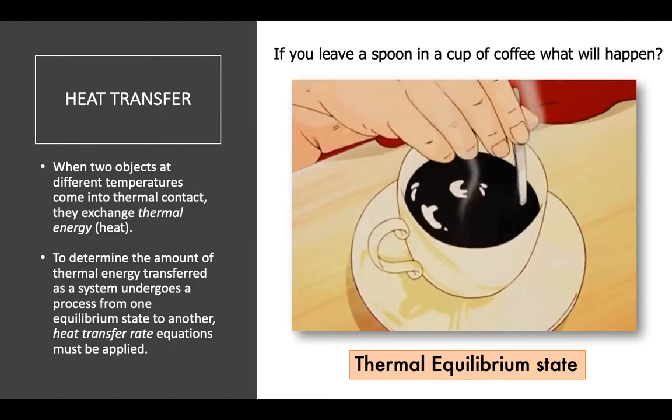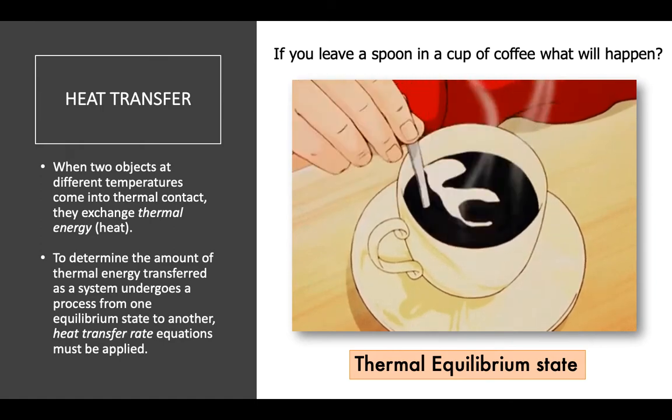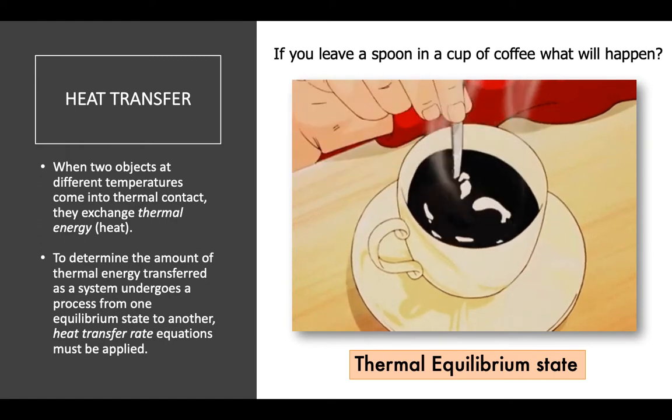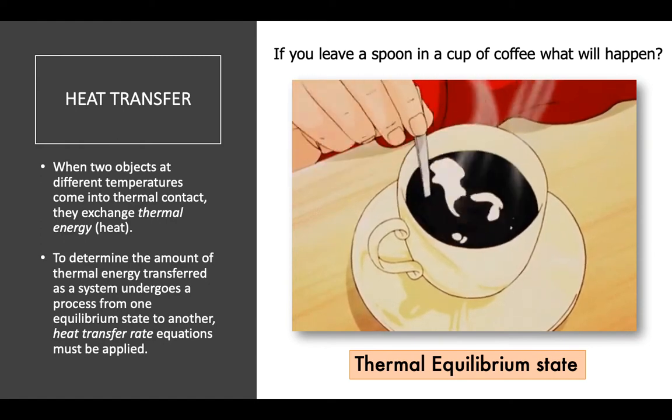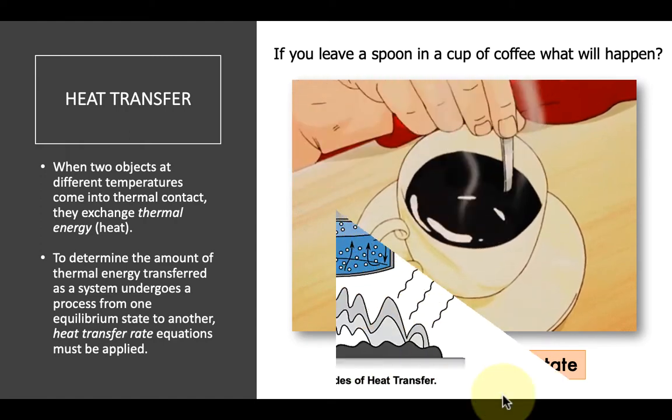The amount of heat transfer or thermal energy of a system undergoing a process from one equilibrium state or balanced state to another can be determined through heat transfer rate equations.